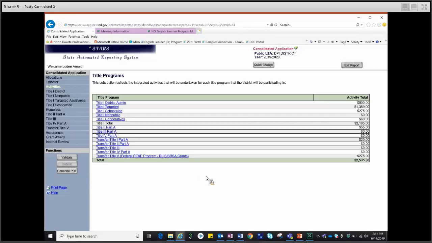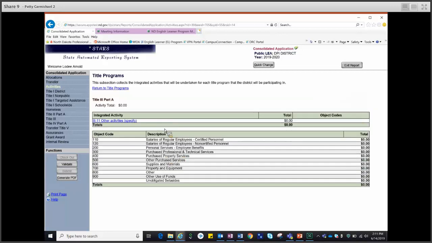The other section is the budget section that will pertain to Title III. So in this budget section, this is where you actually input those integrated activities that are specific to Title III. Those are put in up in the integrated activities section. You can use more than one object code on one activity. You just split it out accordingly.